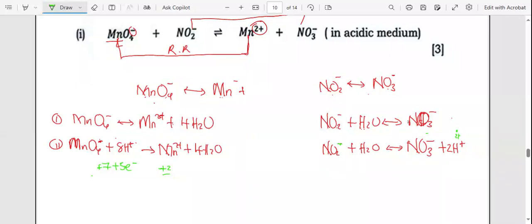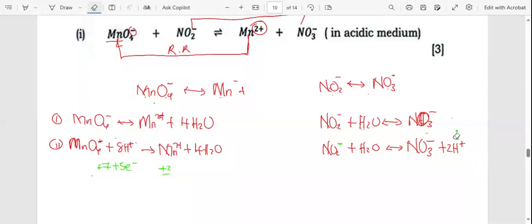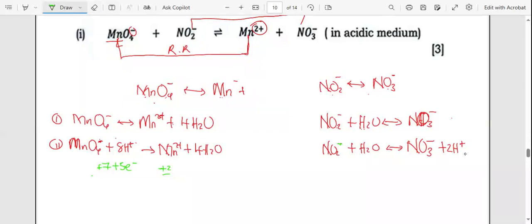You have seen? What I'm trying to say is, we are trying to balance the number of electrons, remember. This means that we have 1 negative electron there and we have 2 positives.